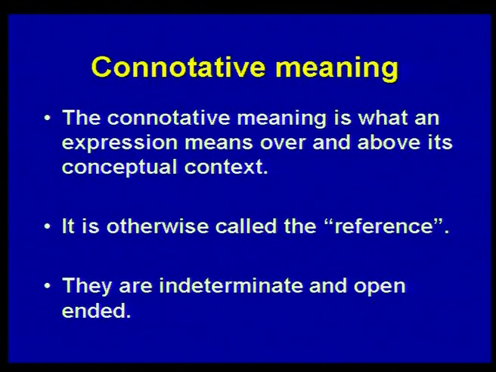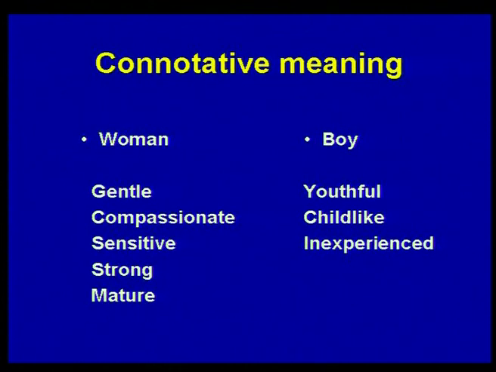These meanings are generally open-ended and indeterminate. If we take up the same words we have discussed before, the word woman and boy, you find that the connotative meaning will be something like this. The word woman might mean gentle, compassionate, sensitive, strong, mature. And the word boy could mean anything like youthful, childlike or sometimes even inexperienced.